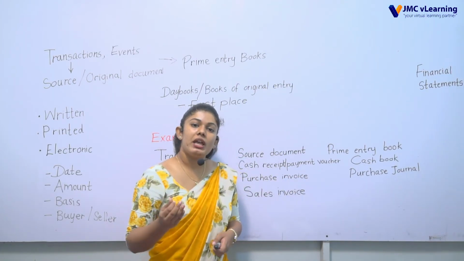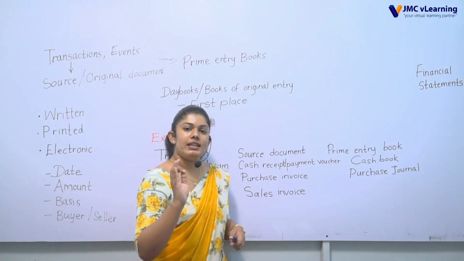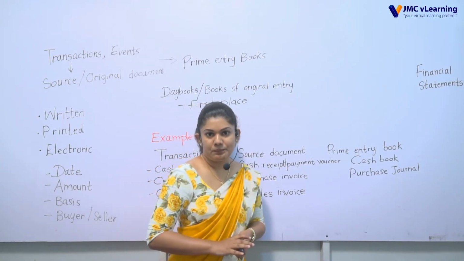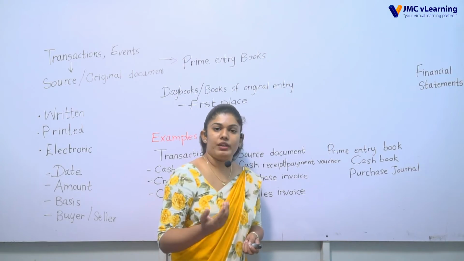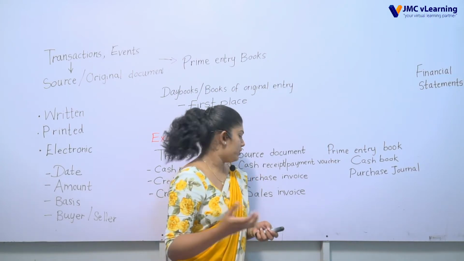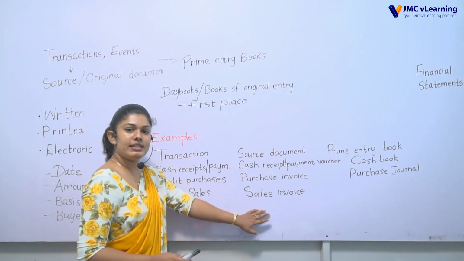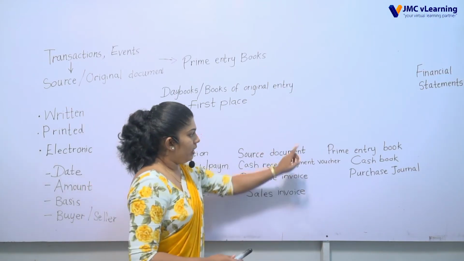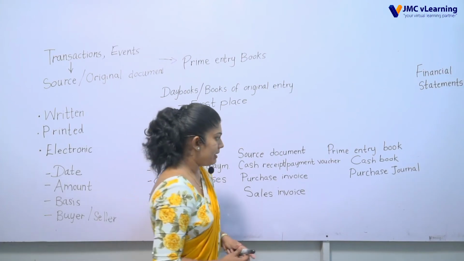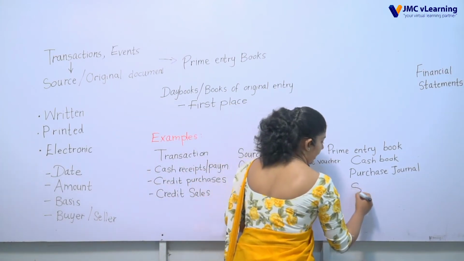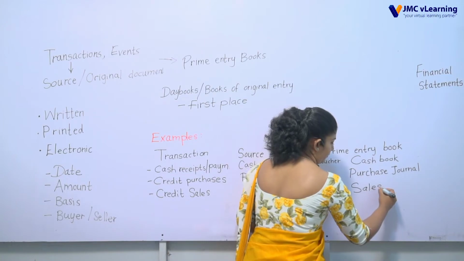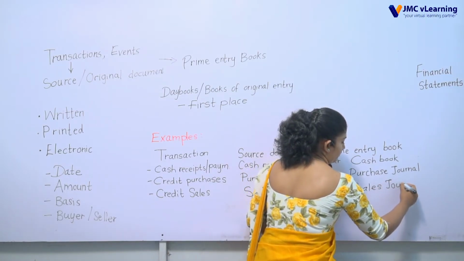But you will be able to see the basic details are available. Almost all of them are common. So, for credit sales, the source document is sales invoice. The prime entry book is the sales journal.